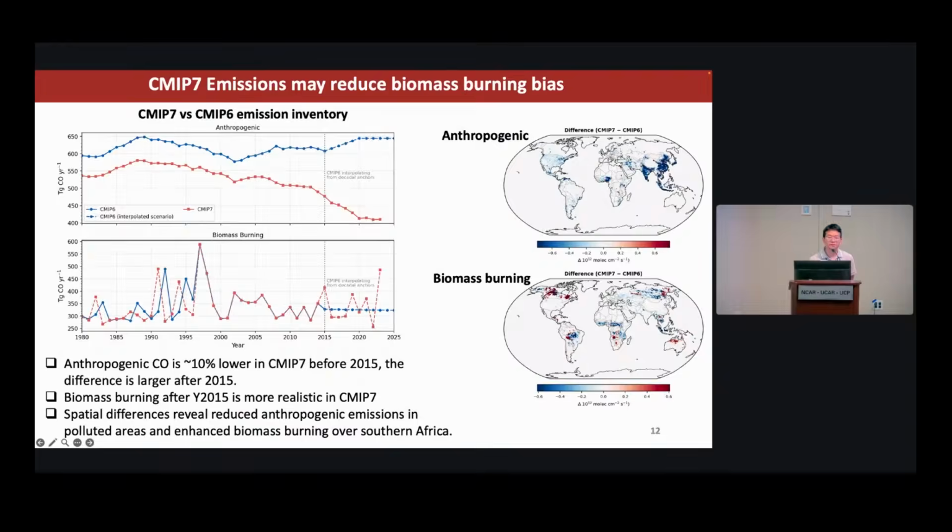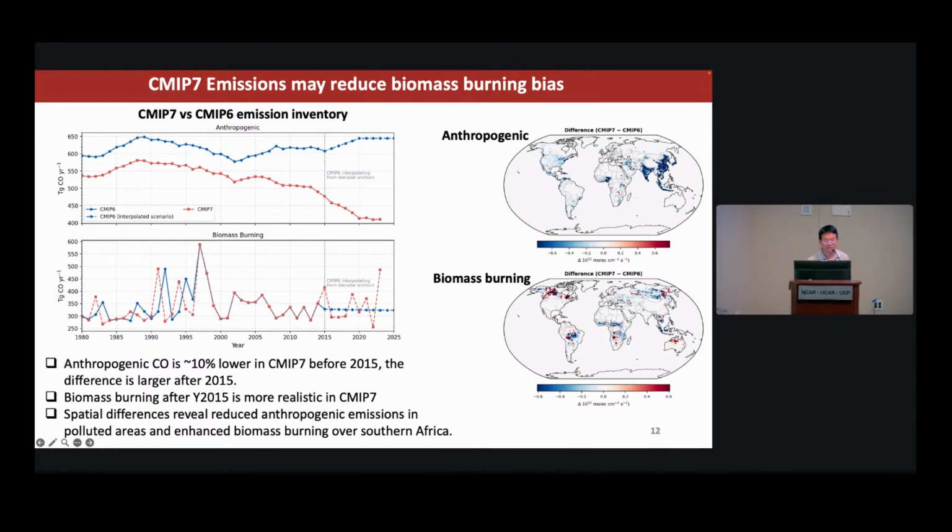We are also checking emissions. Currently we are using the CMIP6 emission inventory, and we also compare what CMIP7 brings as changes. Here the blue line is for CMIP6 emission, and CMIP7 emission is the orange line. We can find CMIP7 suggests much lower anthropogenic CO emission.